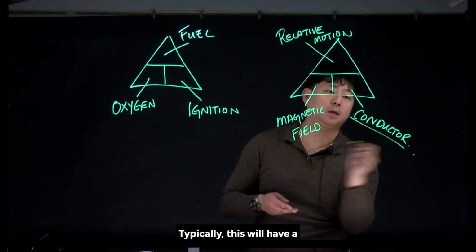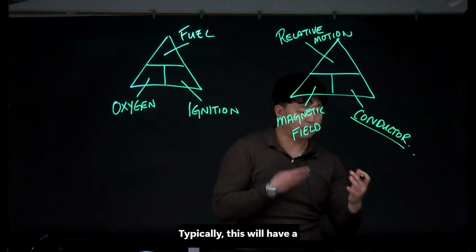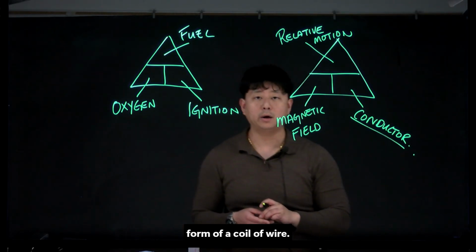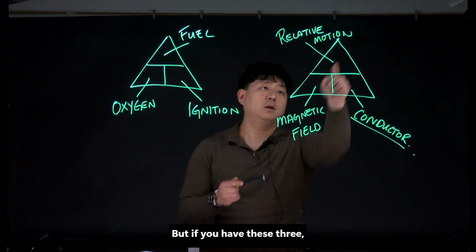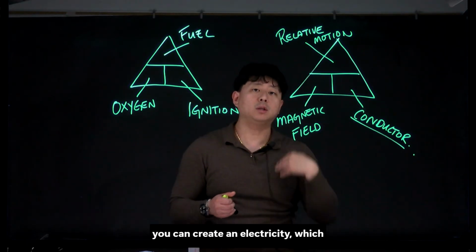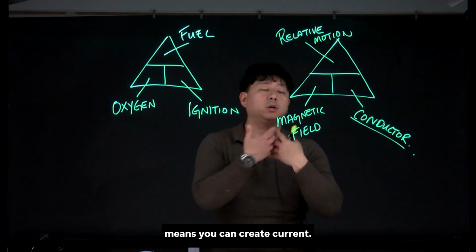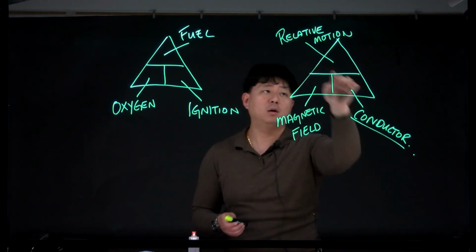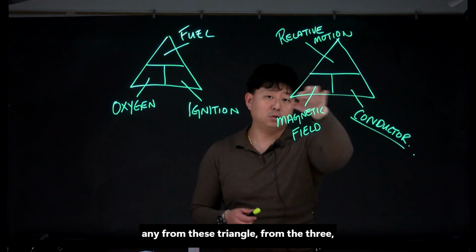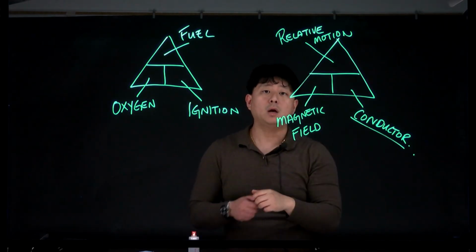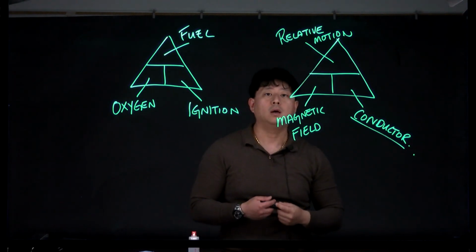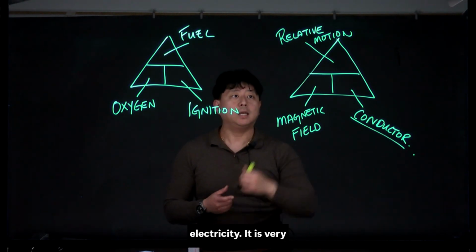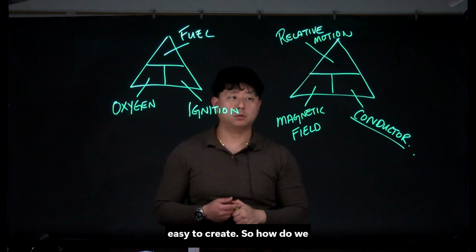All right, typically this will have a form of a coil of wire, but if you have these three, you can create an electricity, which means you can create current, right? If you remove any from these three, then you're not going to have electricity, right? It is very easy to create.